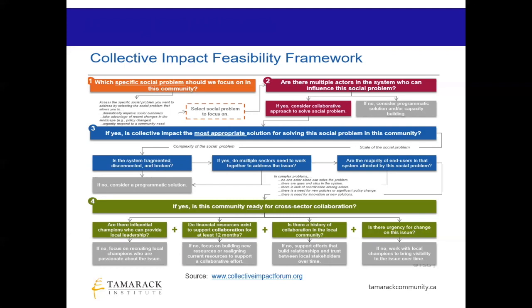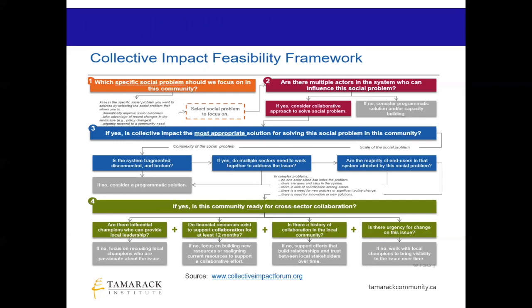It has to have the right size and the right scope. It can't be so small that one organization can do it on its own. It really is something that requires different people with different skills and different perspectives to focus on. So the more specific you can be on the social problem, the easier it is to navigate your way through the feasibility framework.